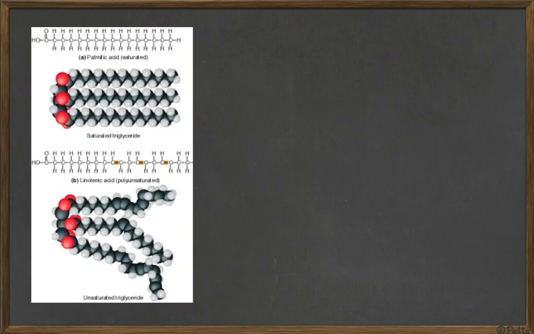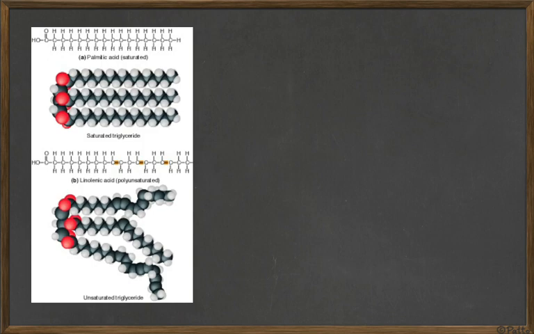For example, the one at the top that has only palmitic acids, a saturated triglyceride, is probably solid at room temperature. This is butter or saturated vegetable fat, margarine, something like that. In the bottom we have unsaturated triglycerides. They have linolenic polyunsaturated fatty acids.